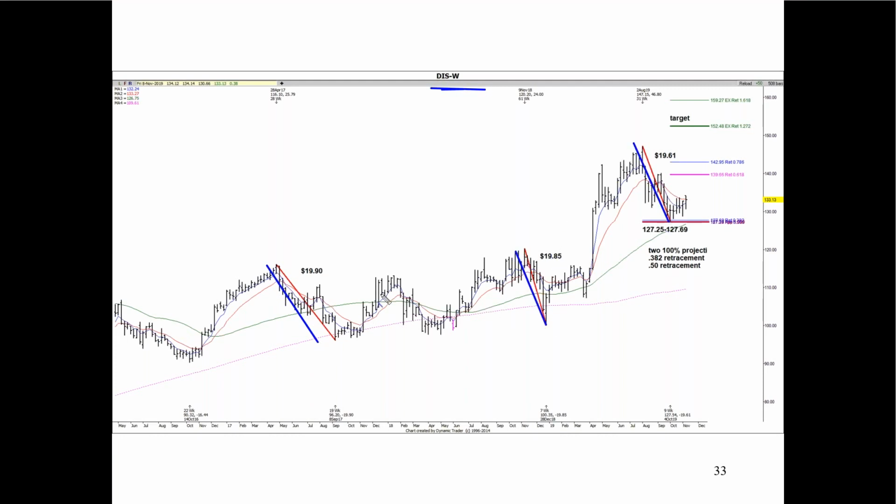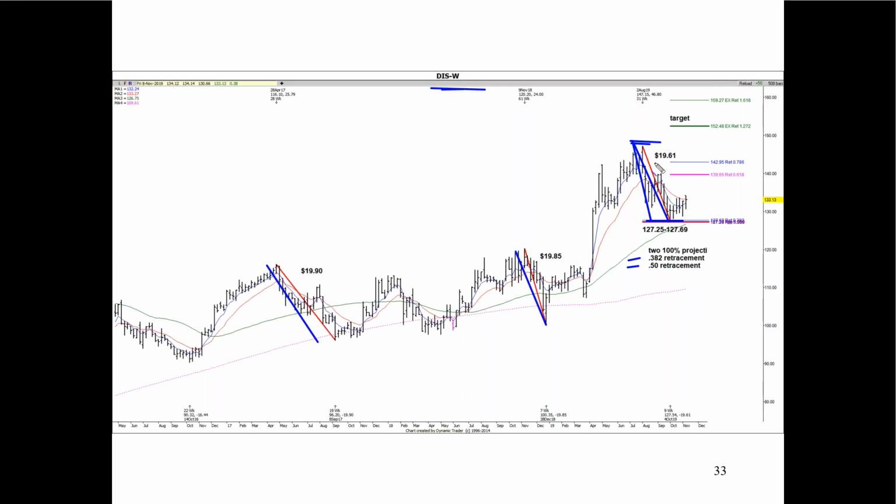So I was able to project both of these from this high, project downward 100%. And then I also found a 382 retracement and a 50% retracement that overlapped. So we had a zone from 127.25 to 127.69. 127.54 turned out to be the actual low.